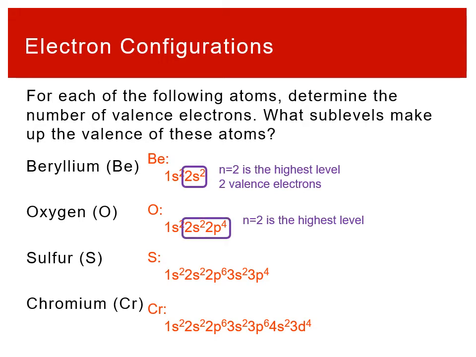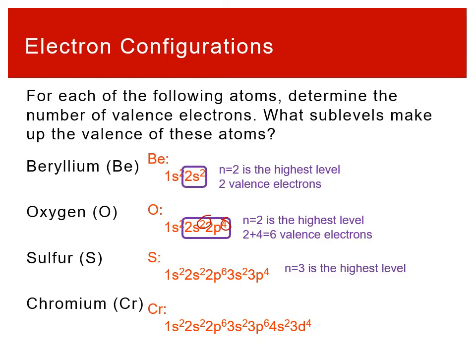For oxygen, again, n equals 2 is the highest level. But this time there are two subshells there, 2s and 2p. So I need to add those two exponents together, the 2 and the 4, to give me 6 total valence electrons. Now for sulfur, again I want to look at what the highest shell is.